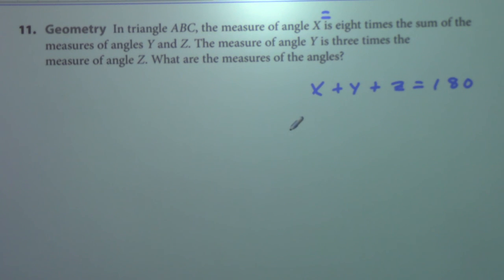So you have x equals, and now how do you write 8 times the sum of the measures of angle y and z?